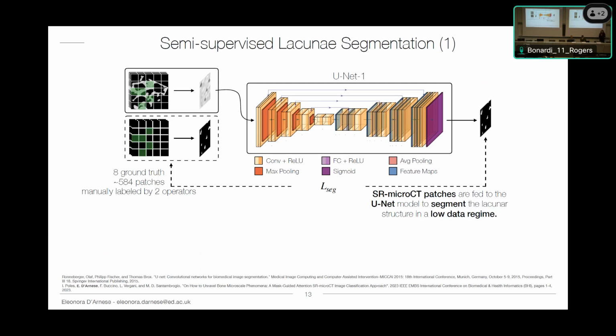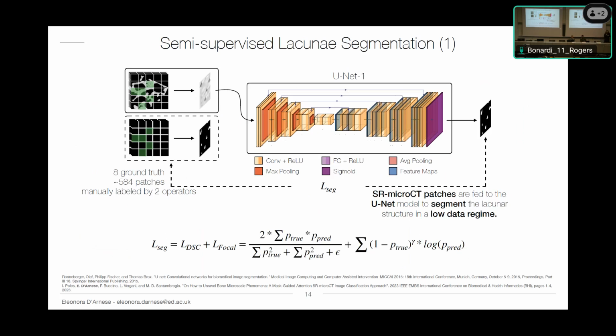So we were able to extract around 584 patches, and we used these to train a U-Net model. And so what we get here is that by using a mix of dice score and focal loss, since we want to focus on something that is unbalanced.